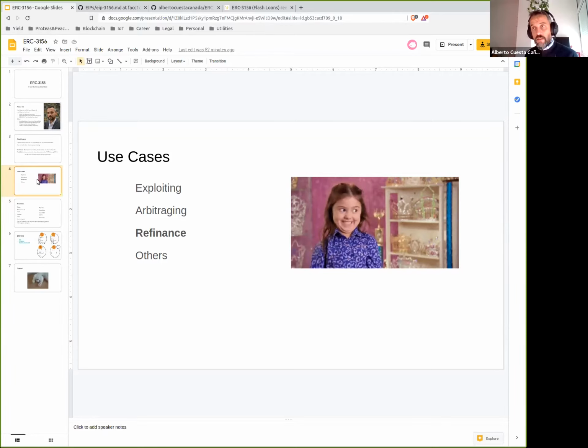When refinance use cases are more widely used, you will see that assets in the Ethereum blockchain start being a lot more liquid. So when it's a lot cheaper to actually move your assets and your debt and your positions between platforms around, you will start seeing a lot of use, and all of these will be backed by flash loans.